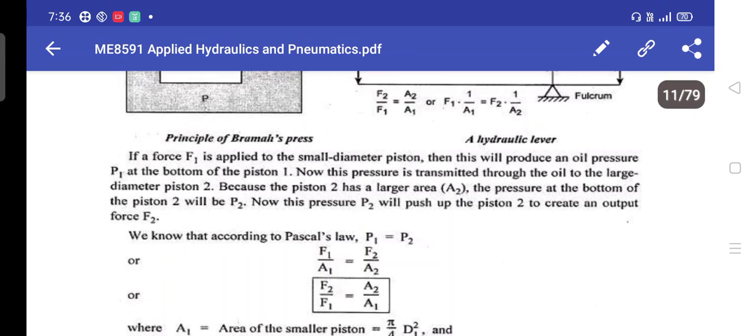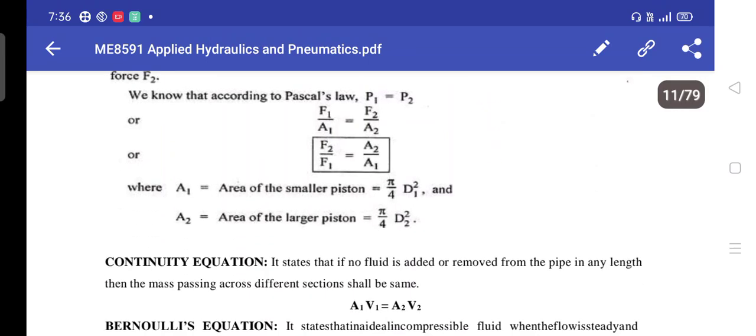According to Pascal's law, P1 is equal to P2. So we can write pressure as F1 by A1 is equal to F2 by A2. So we can get F2 as the maximum force: F2 by F1 is equal to A2 by A1, where A1 is the area of the smaller piston and A2 is the area of the larger piston.